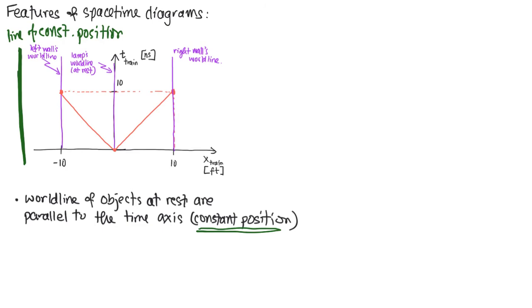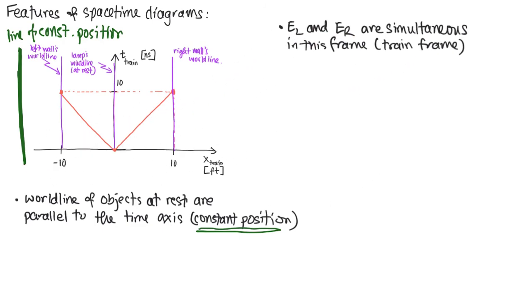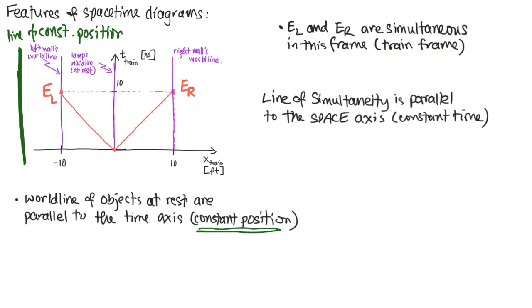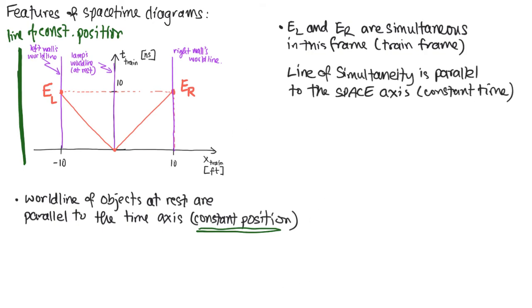So these two events, let's call them E left and E right for the left event and the right event, are simultaneous. Because they're simultaneous, we can then define a line that goes through those two points. And that line we can call a line of simultaneity.